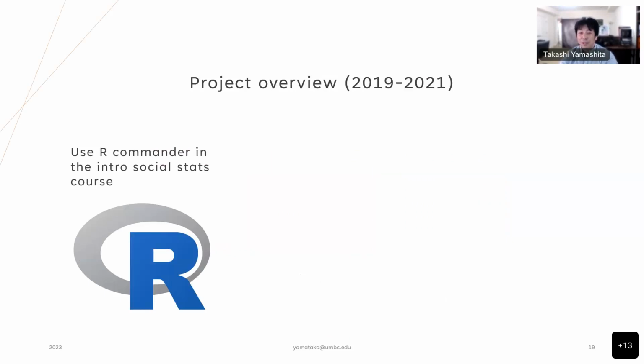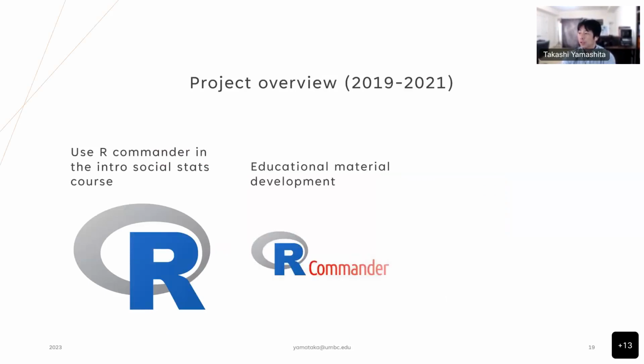Maybe she doesn't care. So the project overview: use R Commander in the social statistics course. That's the whole purpose of this study. So we developed a supplemental R Commander-based statistics training program. We developed 7 short modules.